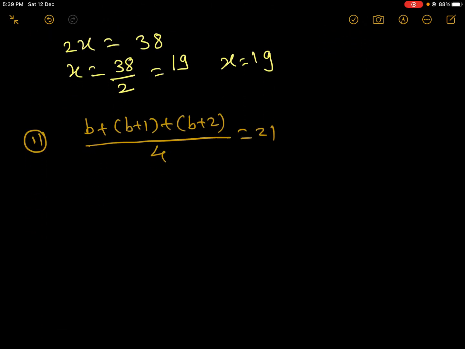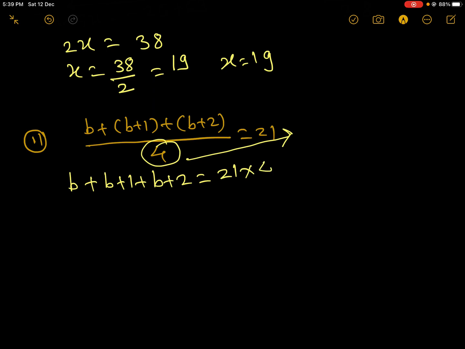See the next example. First we remove this denominator, that means shifting it, it will get multiplied by 4. b plus 1 plus b plus 2 equal to 21 into 4.